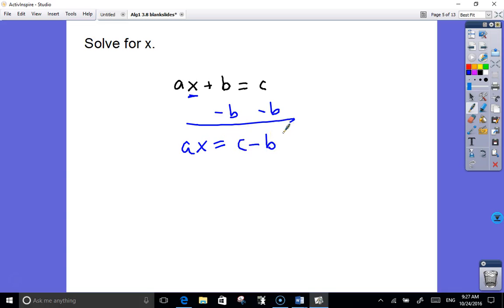It's C minus B. Now we still didn't isolate the A, so what do I need to do? Divide by A. A is multiplying, so the inverse operation is divide. And you divide the whole side. So the answer is X equals C minus B divided by A. Done. Once you've isolated the variable, you're done.